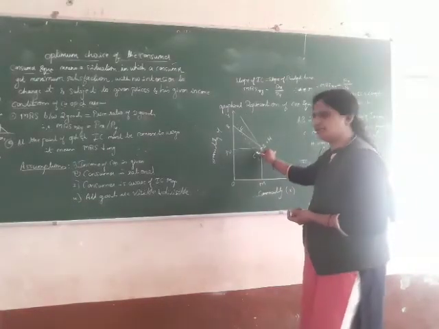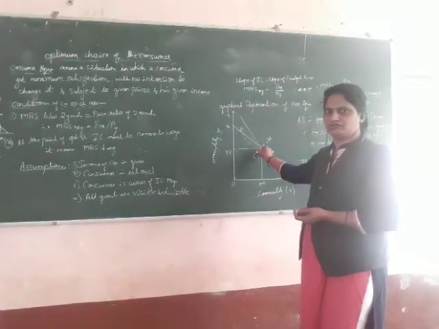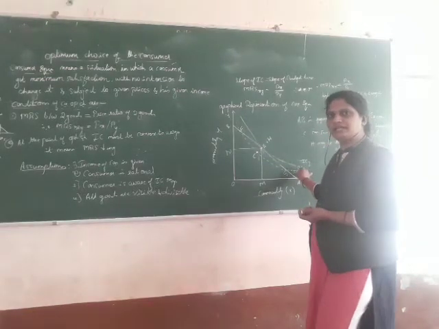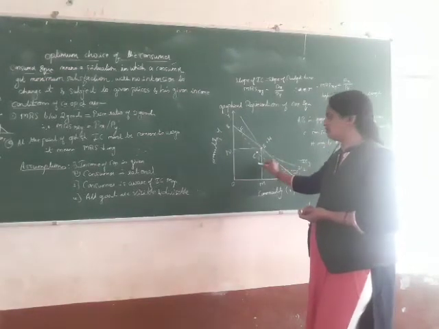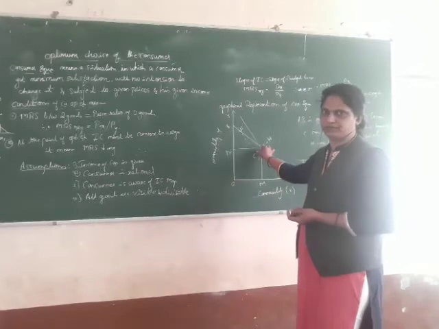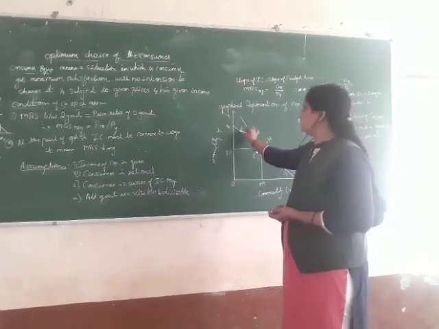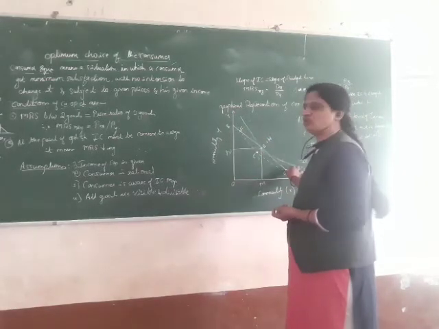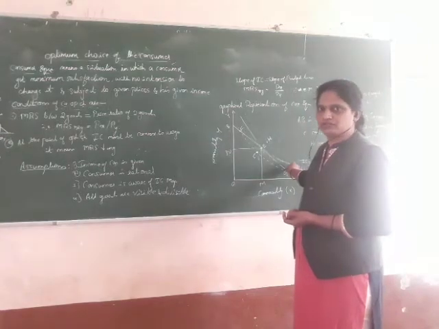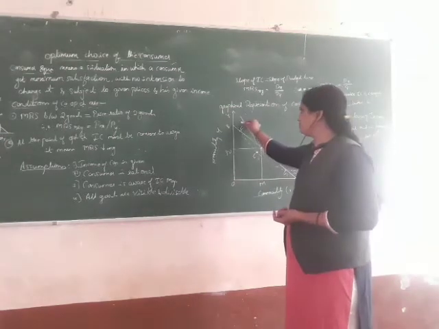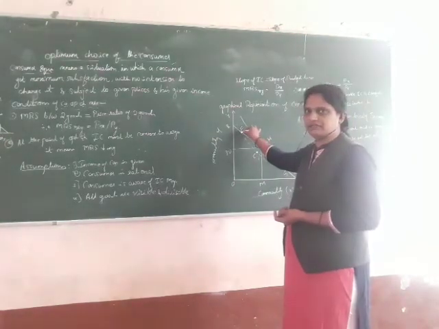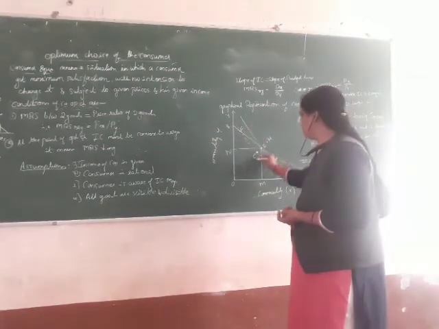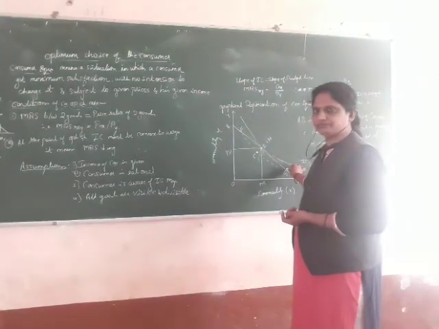Not only that, it is on a lower IC curve. So it is not called the optimal choice of the consumer. Next, point F as well as point G is also not the optimal choice, because though they are on the budget line, they lie on a lower IC curve.